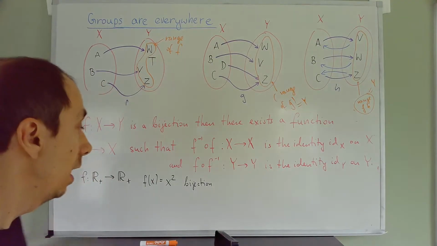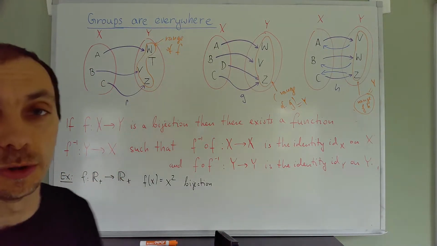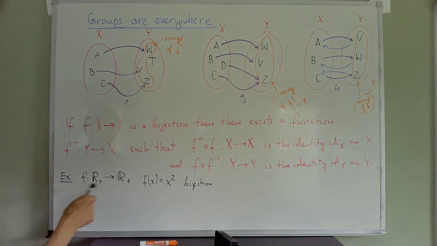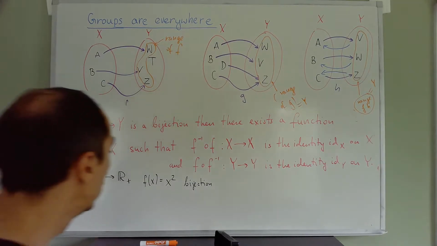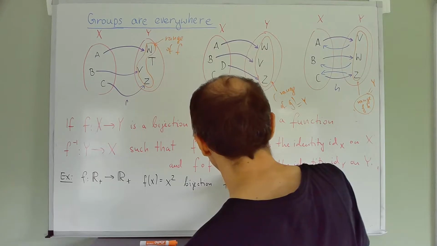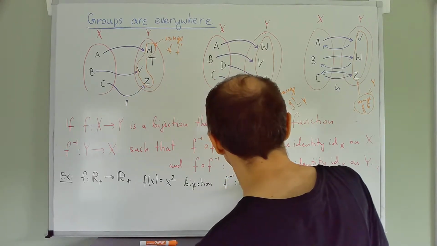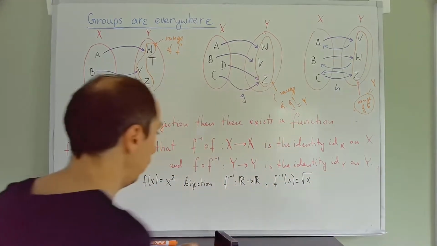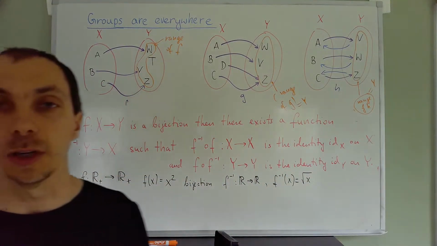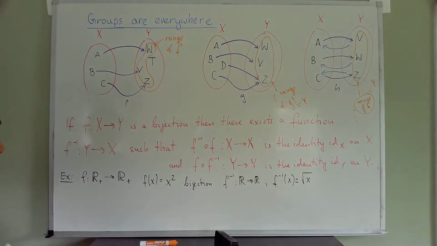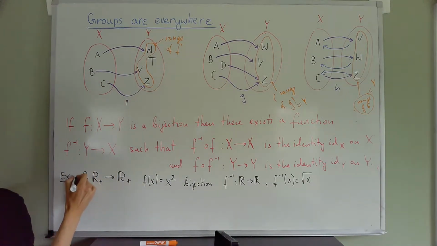And on the other hand, every positive real number is a square of another positive real number. So the function is both injective and surjective. And what's the inverse function? In this case, a function from R to R, f inverse of x is just square root of x. Note that this makes sense because we're talking about positive real numbers. So this is my example 1.